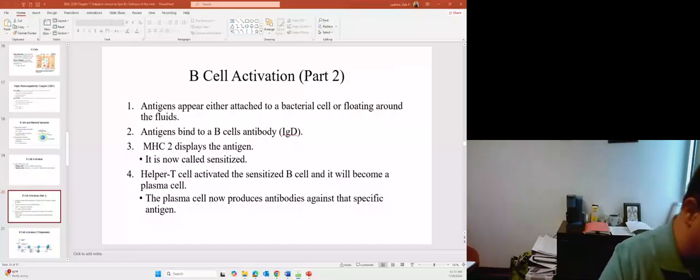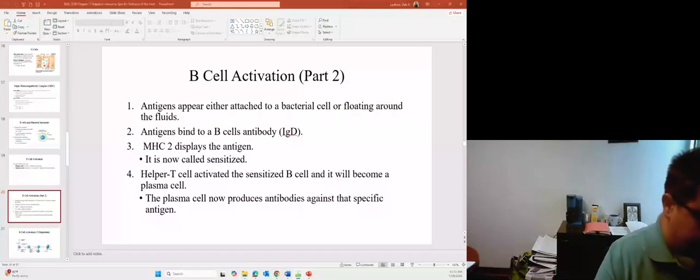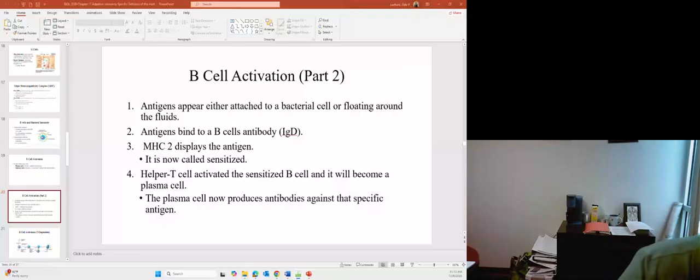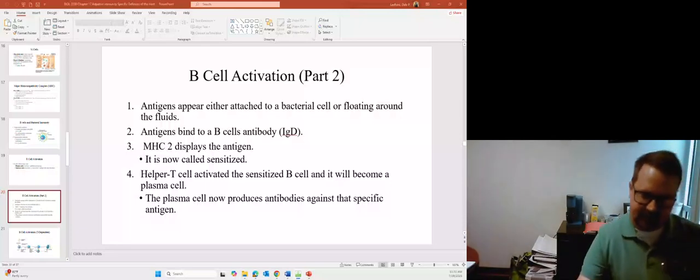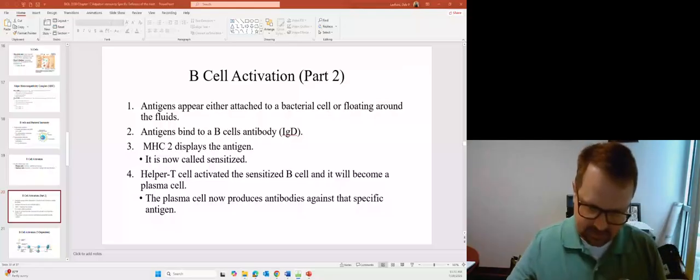And it's going to have this antigen on it. Now this B cell is sensitized. Now that we've sensitized it, we can then activate it with a helper T cell. And we're going to see when that happens in just a little bit.